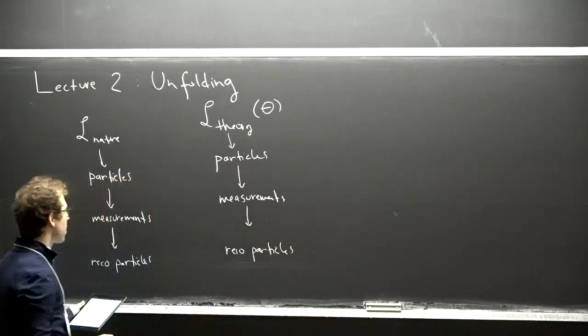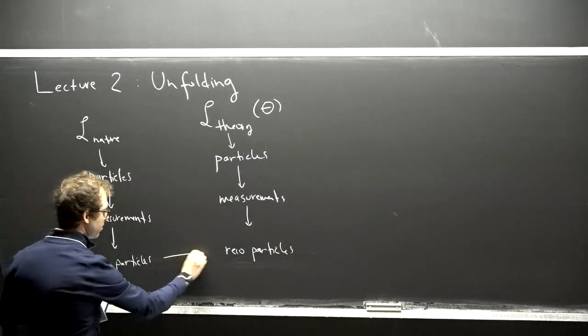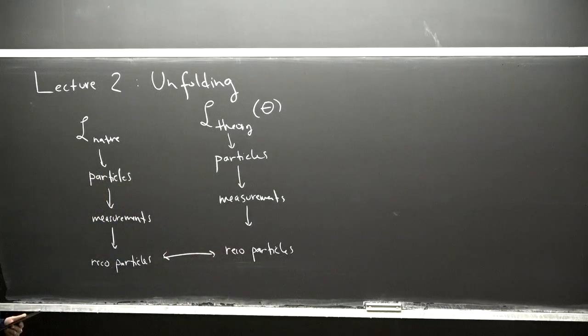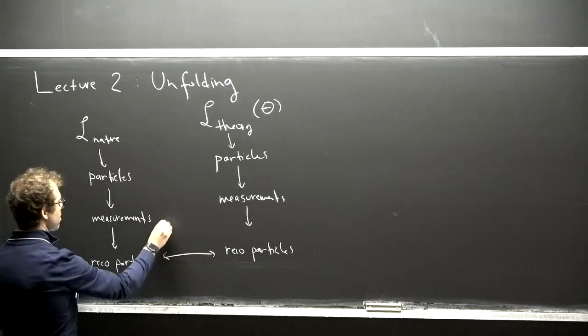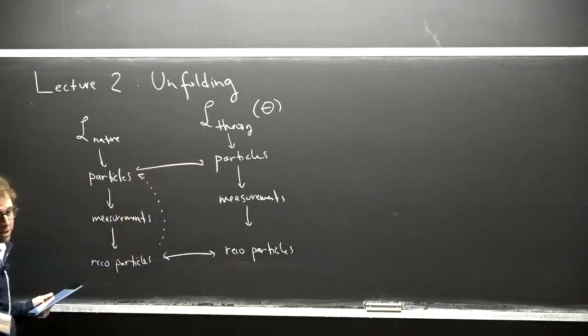And yesterday, I talked about how to do inference. We're at this level. That was yesterday, looking at the reconstructed particles at the end of the chain to infer the parameters theta. And today, the goal is to talk about how we can go back to this step and compare at the level of particles before the detector.